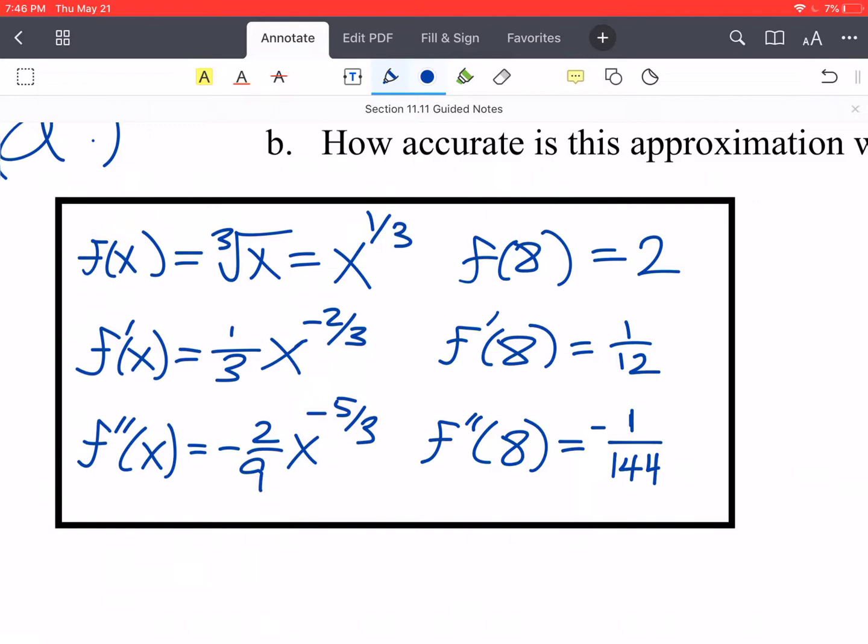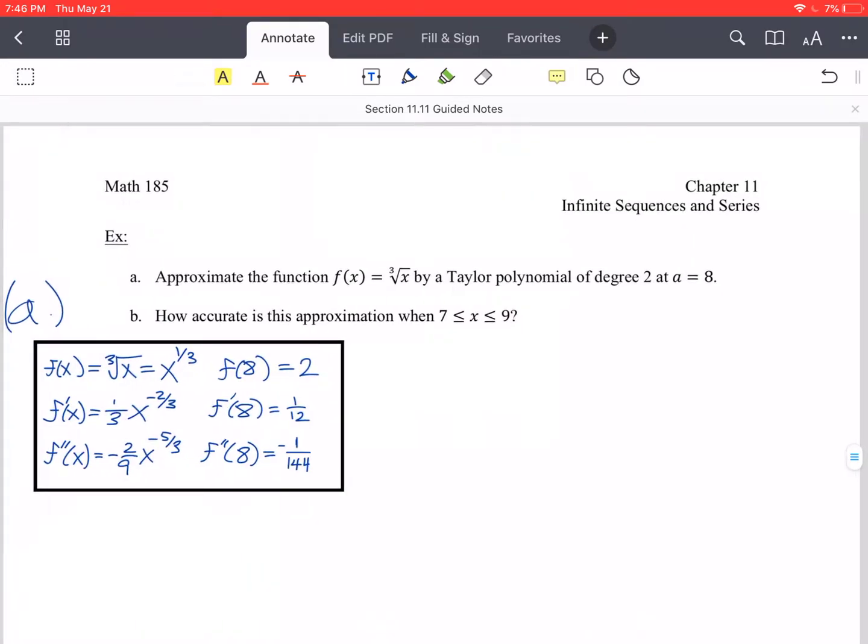This gives us the values that we need for our Taylor polynomial, and it's only second degree, so we're just going up to the second derivative, so this really is all that we need. So let's zoom back out here.